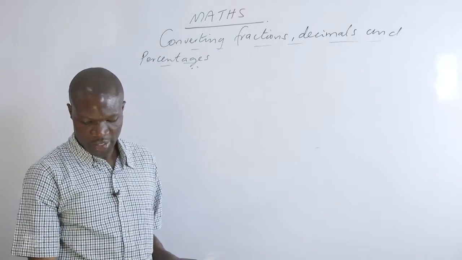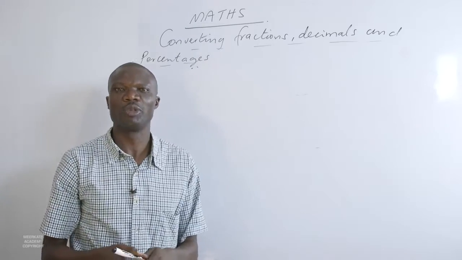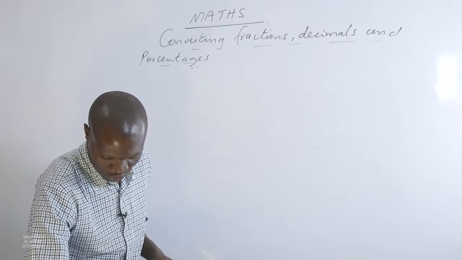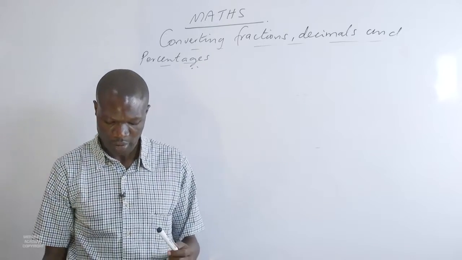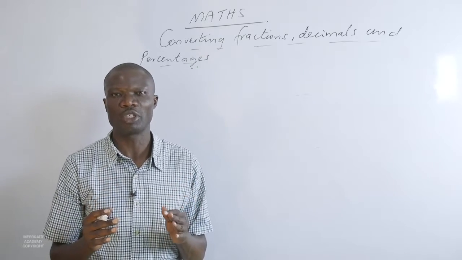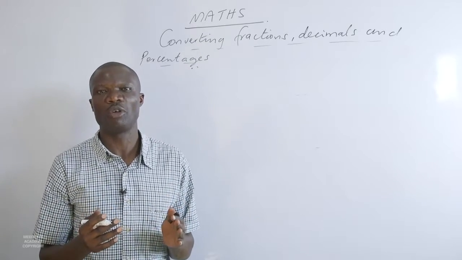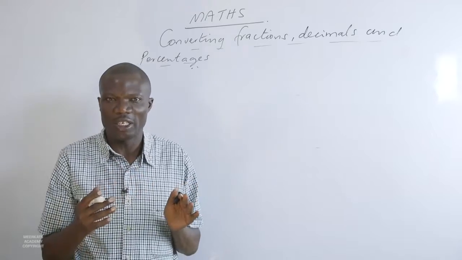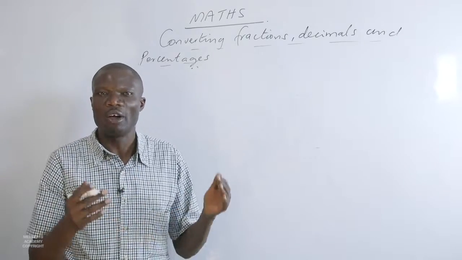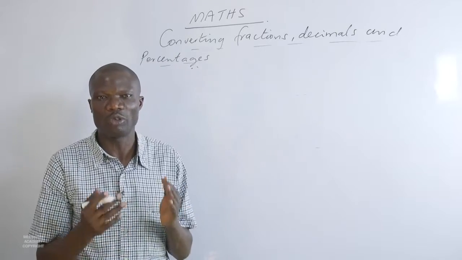And here, we should be able to convert a percentage into a fraction. To convert a percentage into a fraction, you must first write that percentage as a numerator and a denominator, where the denominator is 100.